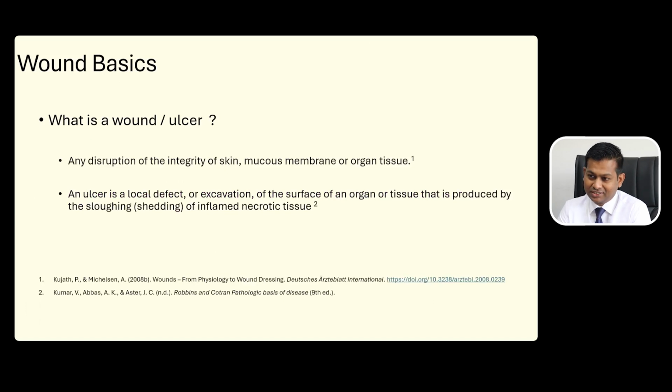Wound basics. What do you mean by the basics? First of all, let's start with identifying what is a wound or an ulcer. There are many definitions from different points of view. Basically, a wound or an ulcer is a disruption in the integrity of the skin, mucous membrane, or an organ tissue.